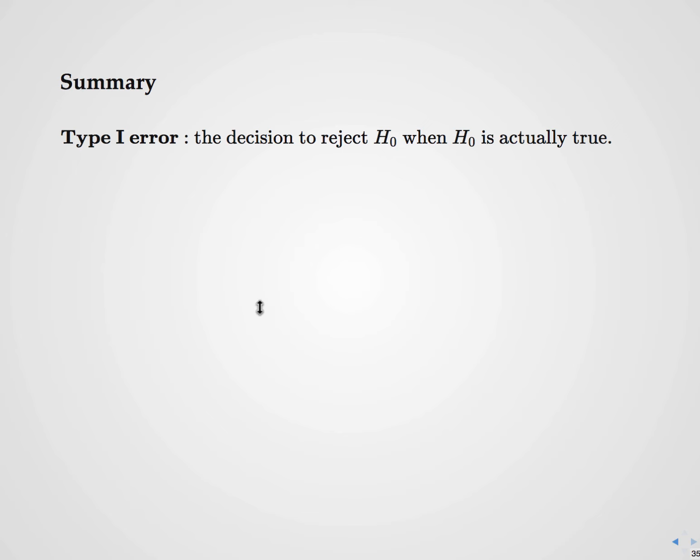Alright, so to sum up all of this then, these are some of, I find, the most conceptually difficult ideas to get your head around when first learning statistics, because there's a lot of things to keep track of. You know, what are these errors to start with?